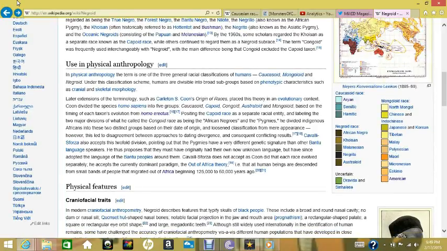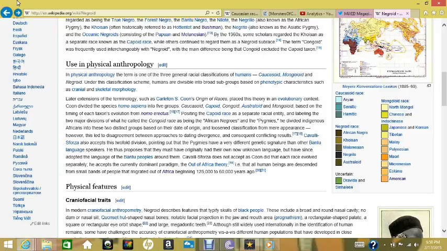But see, they break everybody into groups. The Bushmen, historically referred to as the Hottentot and Bushmen, and the Negroes is also known as the archetype.